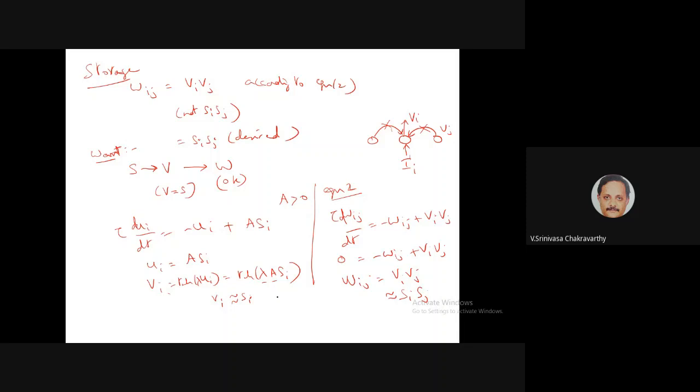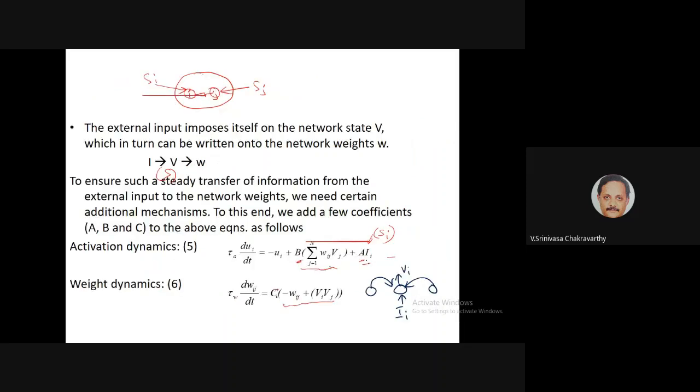Now, even in the case of the continuous or a discrete Hopfield network, there are two different stages. There is a storage step and the retrieval step. In the storage step, I use Hebb's rule to store the pattern S into weights in one shot, and then I freeze the weights. After that, I retrieve it gradually.